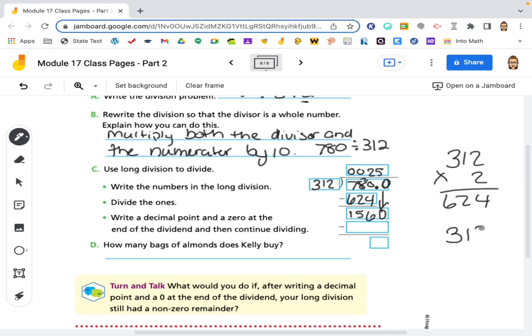So 312 times 5. 5 times 2 is 10. 5 times 1 is 5, plus 1 is 6, and then 15. So we got 1,560. 0. Bring up our decimal point. So she's going to need 2 and 5/10 bags.